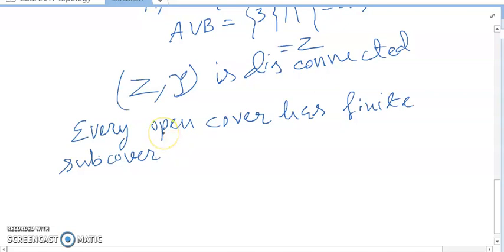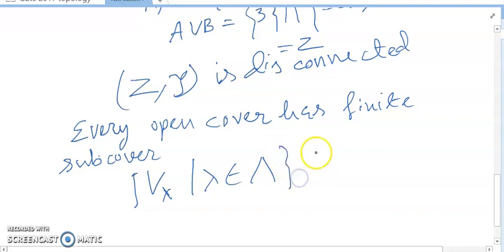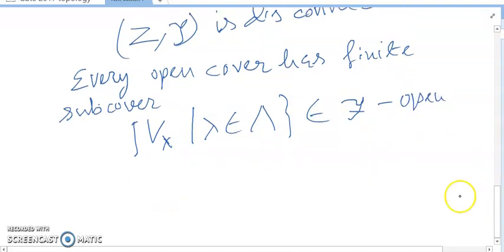Every open cover has a finite subcover. So now U lambda, for lambda belonging to capital Lambda, belongs to tau, open sets. Every open cover has a finite subcover, the union over lambda belonging to capital Lambda.